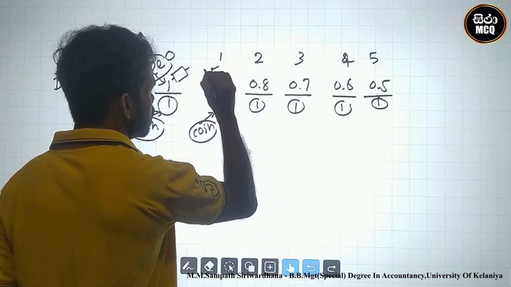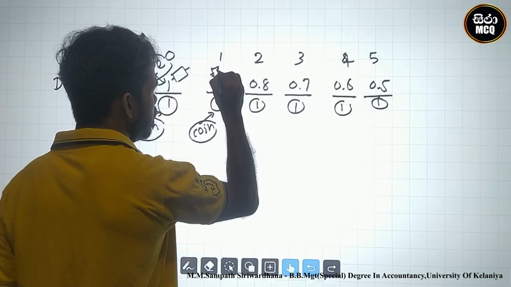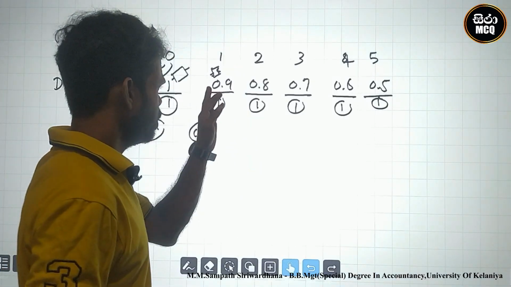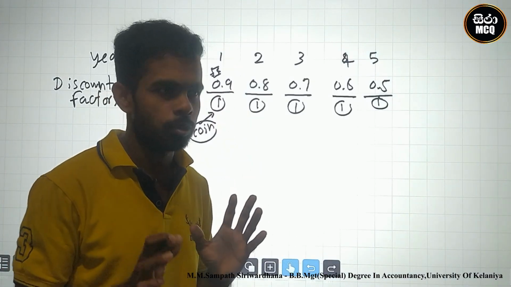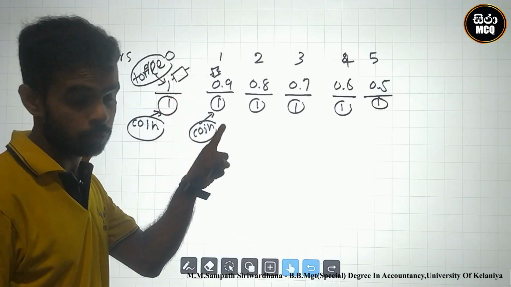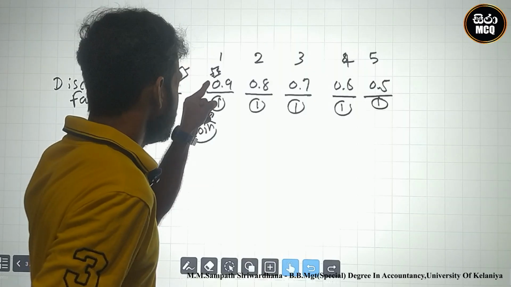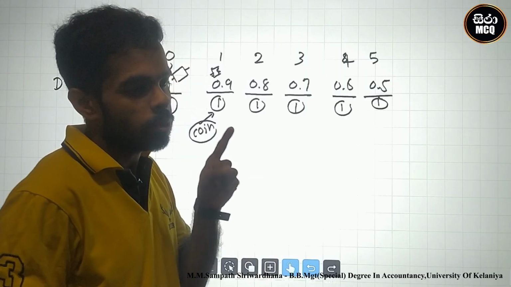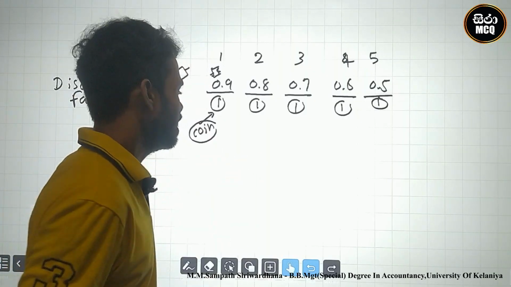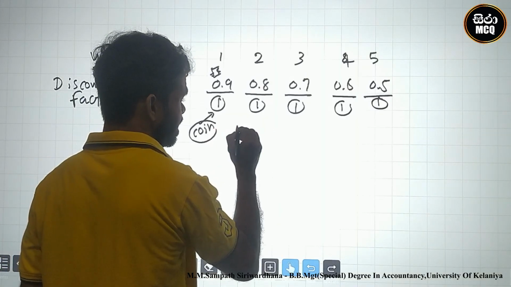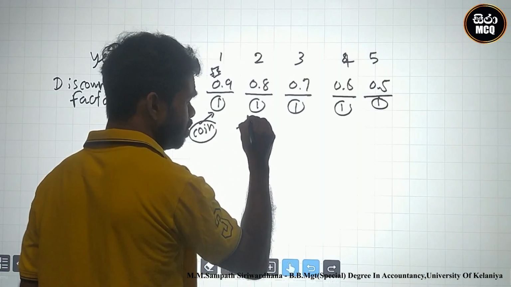This is a part of the toffee, 0.9, not the total. The total is 1 toffee, but he gives you 0.9 toffee.